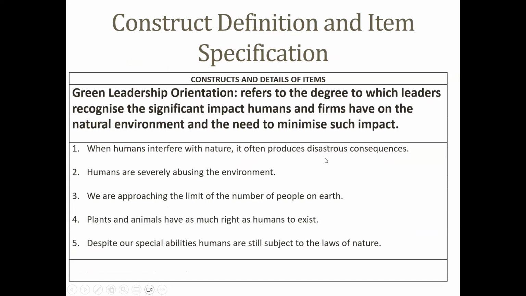Now let's look at how, in this example, the measures or empirical indicators were constructed. Number one, when humans interfere with nature, it often produces disastrous consequences. Can you confirm that this is reflected in the definition?